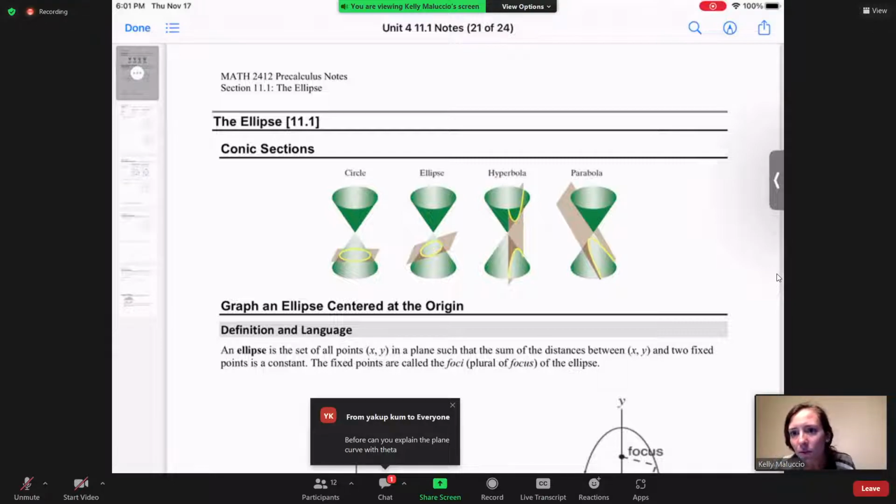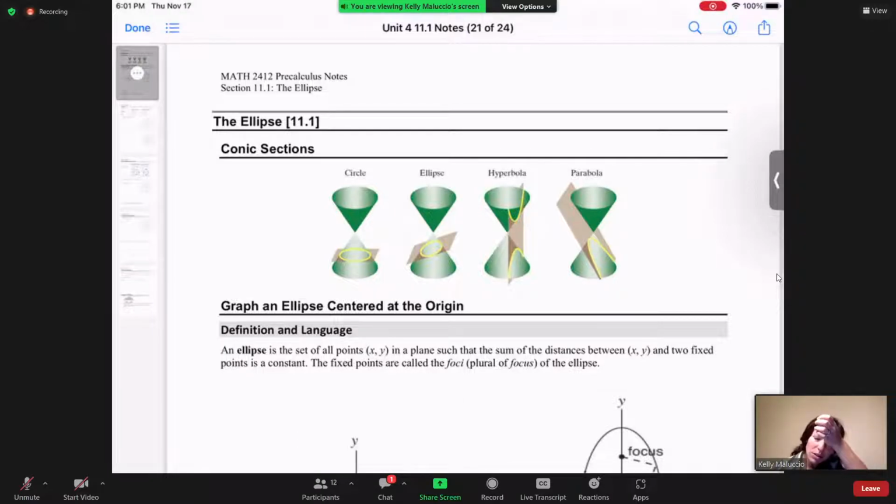Before, can you explain the plane curve with theta? I don't know what you're referring to, the plane curve with theta. Should I go to the notes from last class? Do you remember last time we said the whole circle is continuing, but there was a circle that was only half of it?